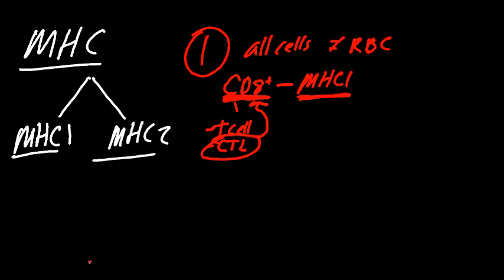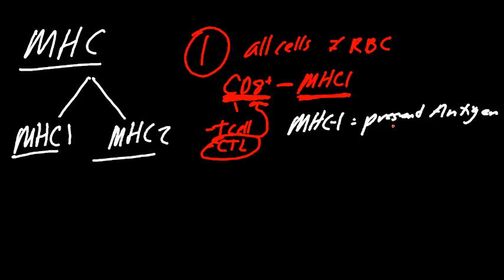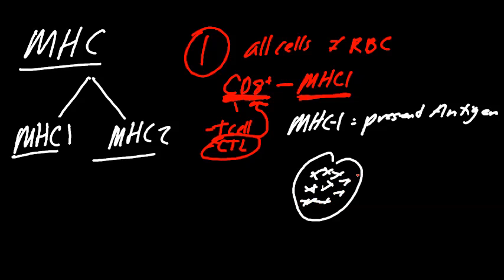Okay, so let's see. We've got MHC1. What does MHC1 do? Well, it's going to present antigen. And what antigen is it going to present? You've got antigen inside the cell, antigen on its membrane, antigen outside.